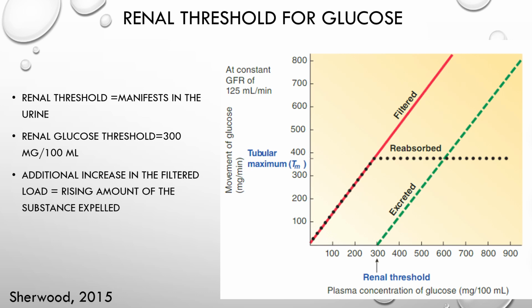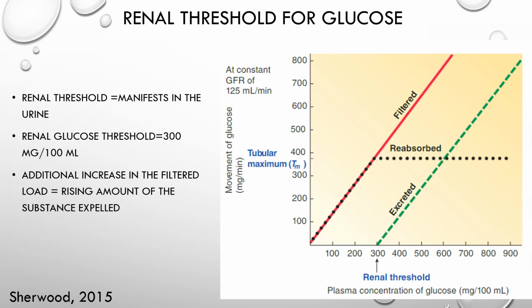The renal glucose threshold is 300 milligrams per 100 milliliters at an average tubular maximum of 375 milligrams per minute and a GFR of 125 milliliters per minute. Any additional increases in the filtered load cause a directly proportionate rise in the amount of the substance expelled, which we see in the picture.